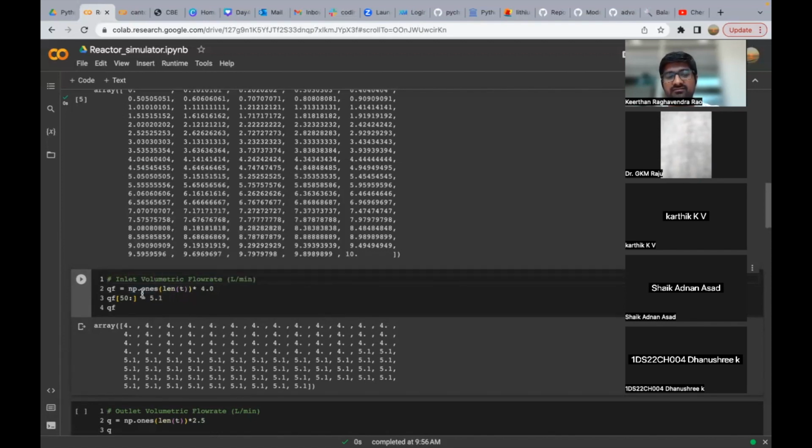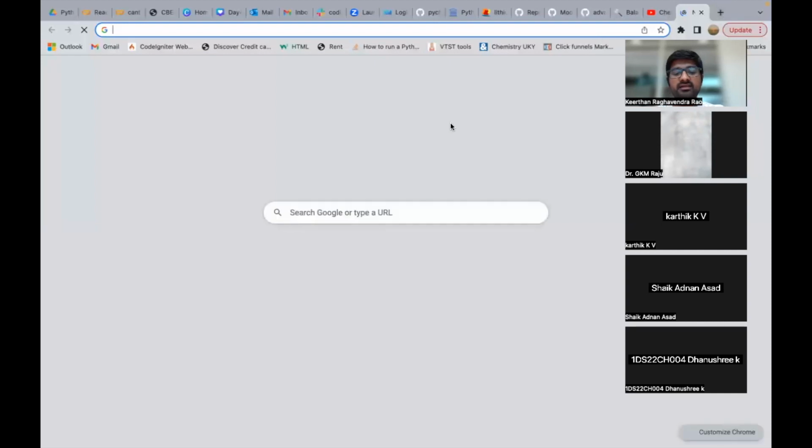If you have your data, you can directly have your data input here. Sometimes if you're using some type of an electronic device to record your flow rate, and it generates a file that has information tabulated on the volumetric flow rate, you can use a package called pandas in Python.